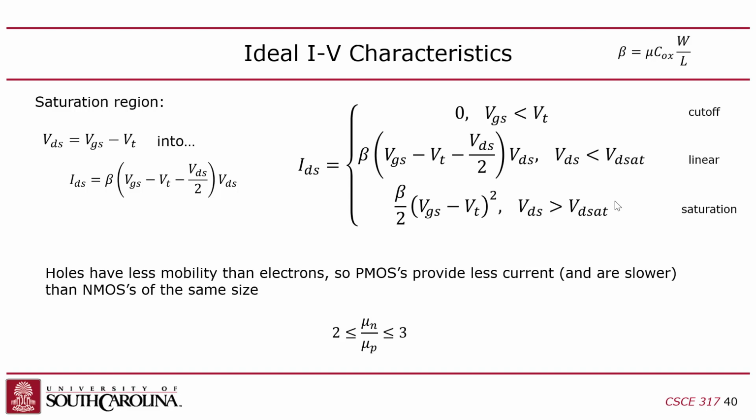So in order to balance those out, the way that you compensate is you have twice the width, right? The mobility term in this beta, you see the mobility here? That mobility is half for PMOS. So in order to make up for that, you have to double the width.